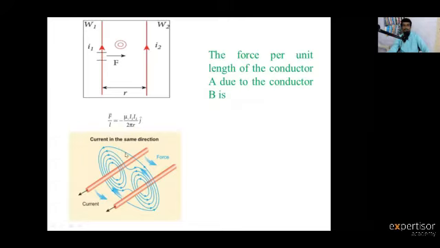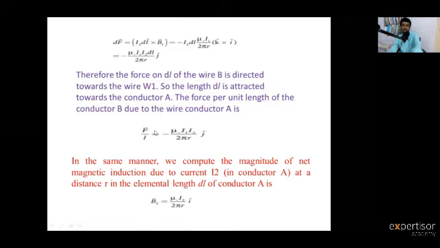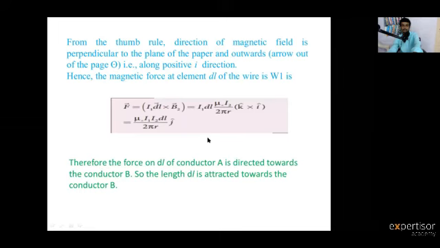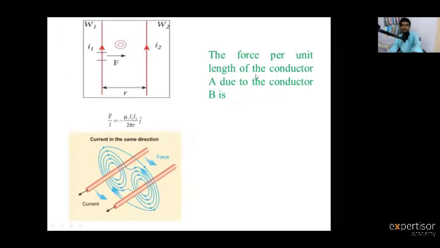So that's why force per length is equal to minus mu naught into I1 I2 divided by 2 pi r into j cap. Compare these two equations. Force per length at conductor A is minus mu naught I1 I2 divided by 2 pi r into j cap, and force per length of the conductor A due to the conductor B is minus mu naught I1 I2 divided by 2 pi r into j cap. So these two are similar.